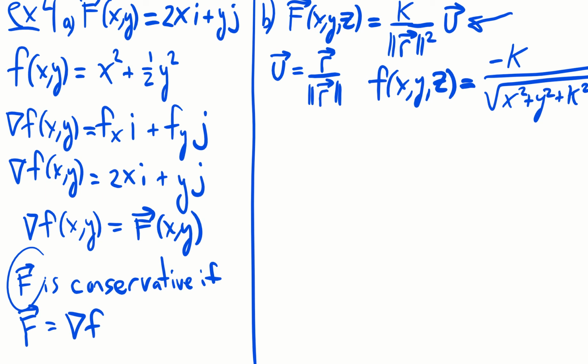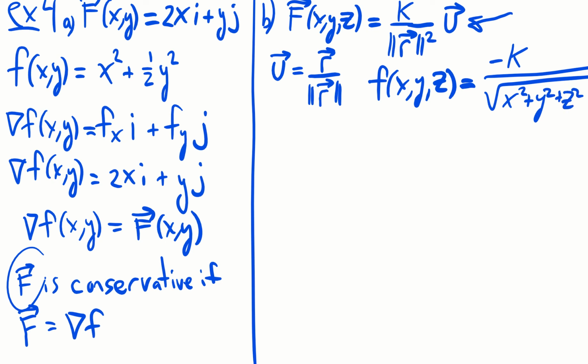We're thinking of u as a unit vector here, so u is going to be the vector r divided by its norm. We saw this a lot earlier in the course. I claim that the function f of x comma y comma z, which is equal to negative k divided by the square root of x squared plus y squared plus z squared, is a potential for that vector field.